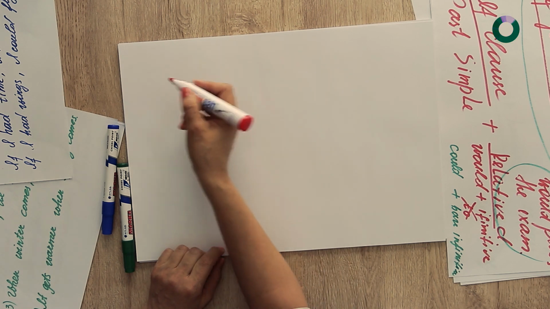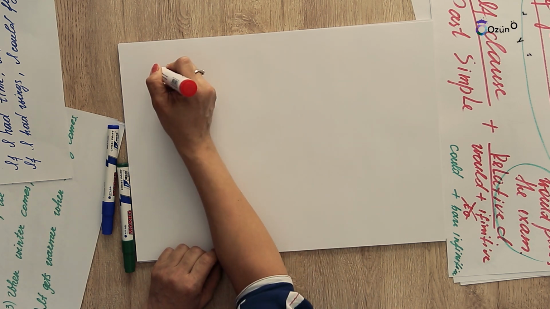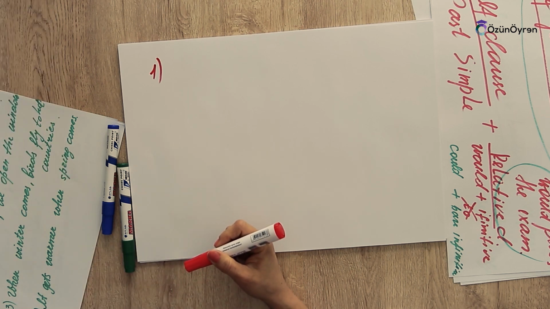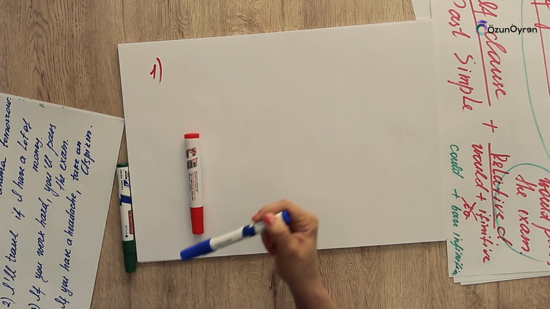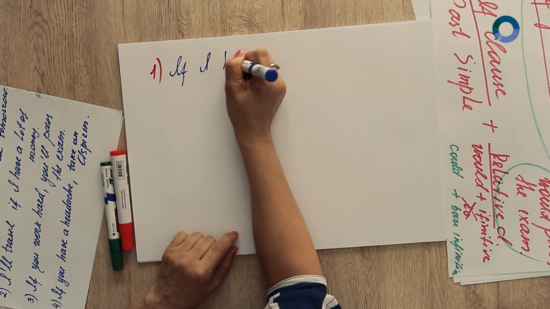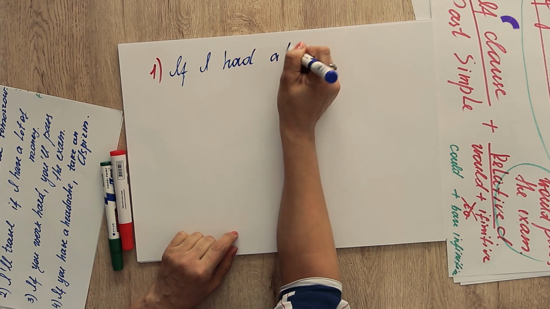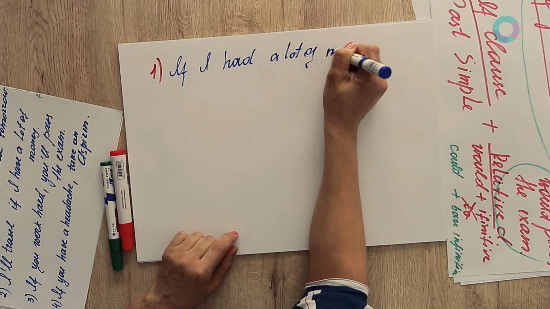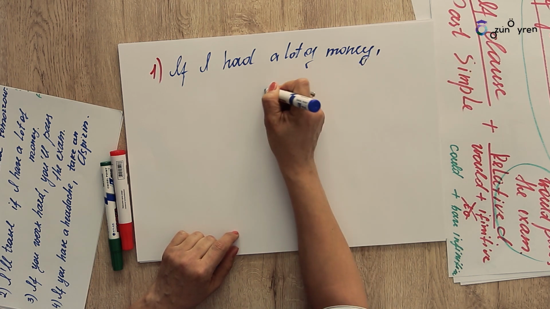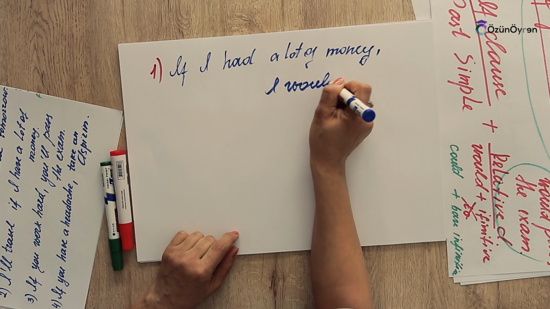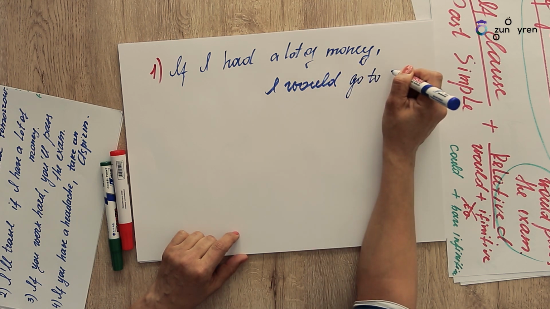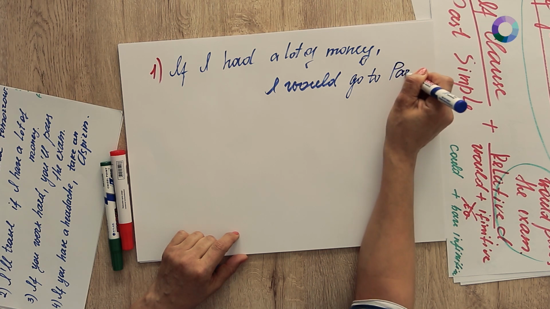So let's give some examples with it. First example. If I had a lot of money, comma, I would go to Paris, for example.